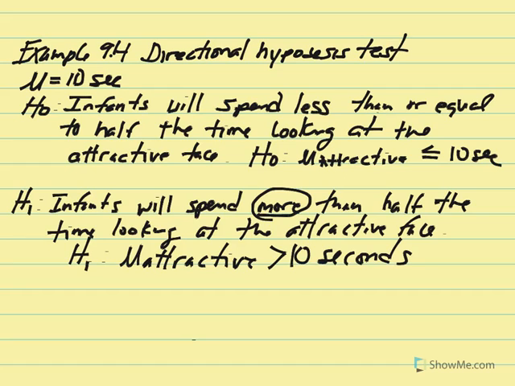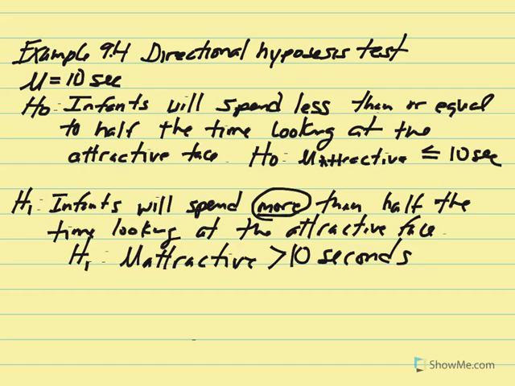So the null will always have a directional sign and the equal sign, because the null is always saying no difference, no change, which is the same as saying equal. But if it's directional, then it's the opposite sign that you're anticipating. So again, my recommendation is that you begin with the alternative or research hypothesis first, because the direction will be something you're thinking about, and then simply do the reverse and include the equal sign for the null hypothesis.